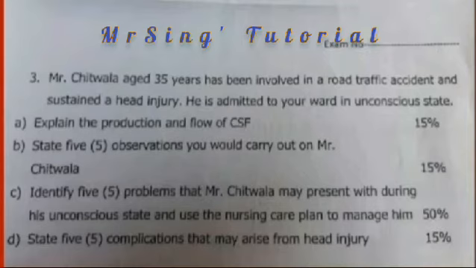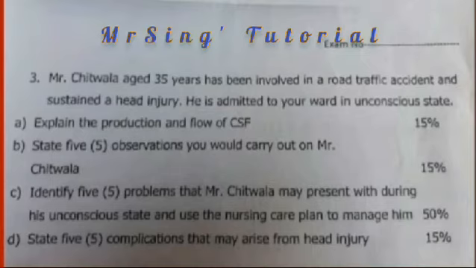So the cerebrospinal fluid is produced by two main structures, which are the ependymal cells and the choroid plexuses. These structures are found on the lateral ventricles, the third ventricle, and also the fourth ventricle. That's where you find these two structures.